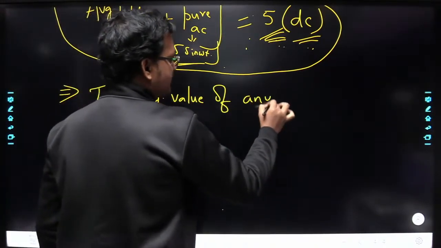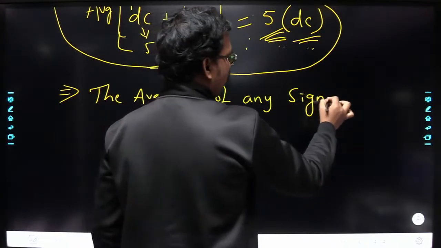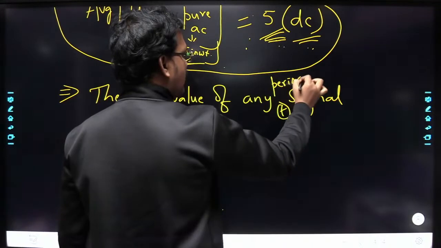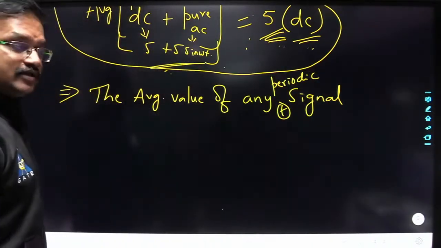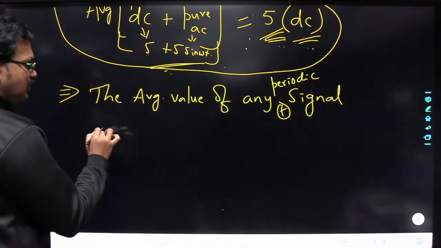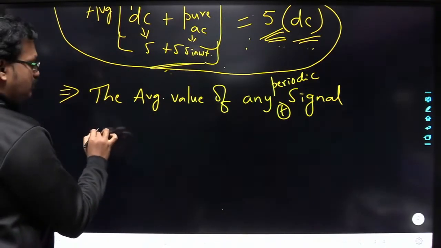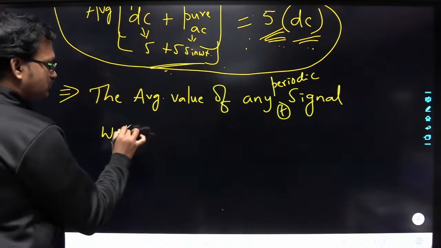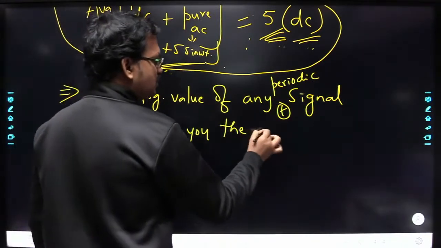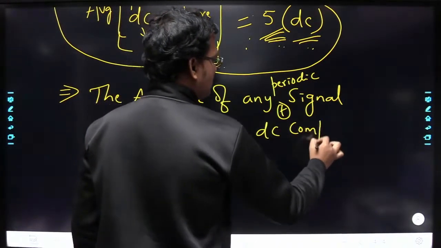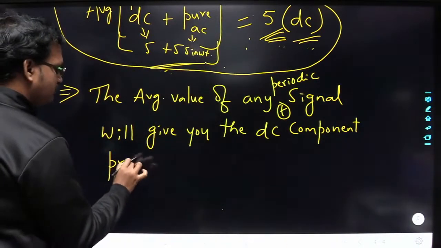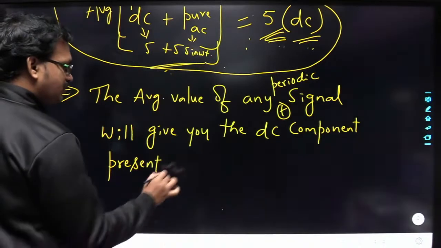of any signal, any periodic signal. Okay, it must be periodic. So the average value of any periodic signal will give you the DC component present in the signal.